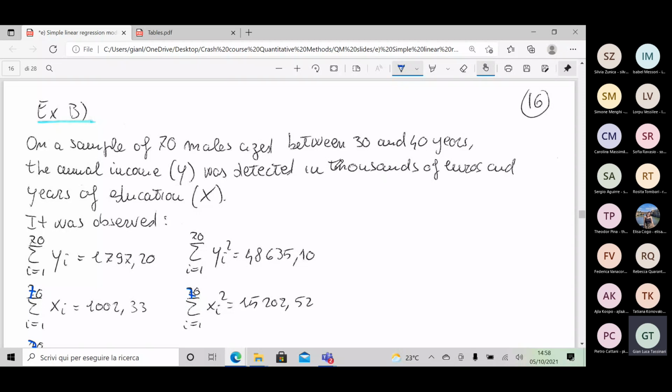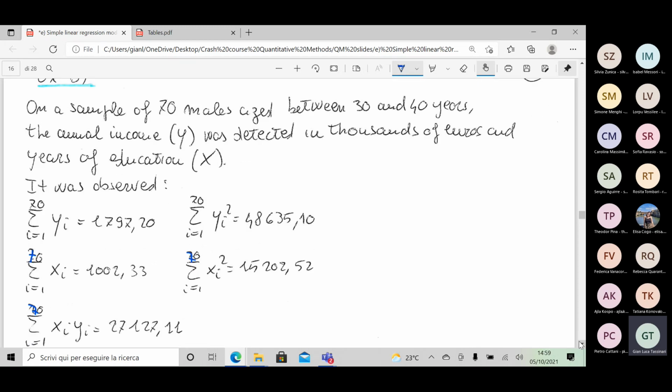On a sample of 70 males aged between 30 and 40 years, the annual income Y was detected in thousands of euros, and years of education X. So the dimension of the sample is 70, and you already made this computation.